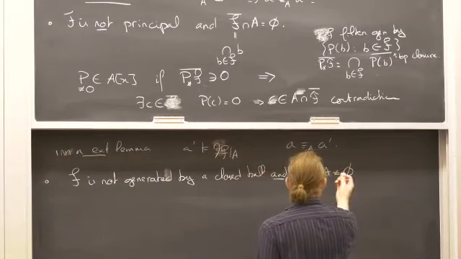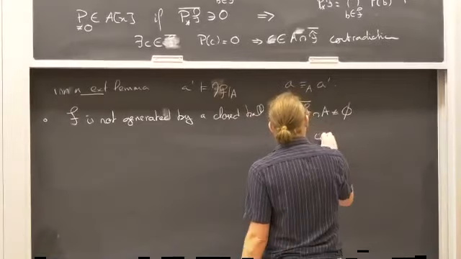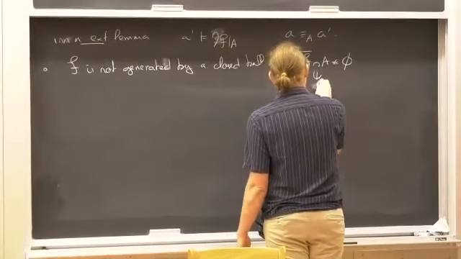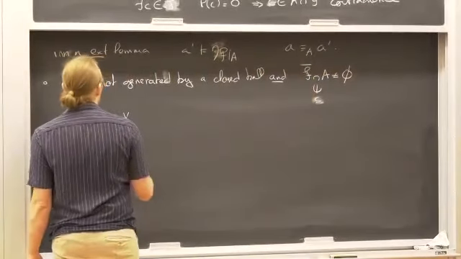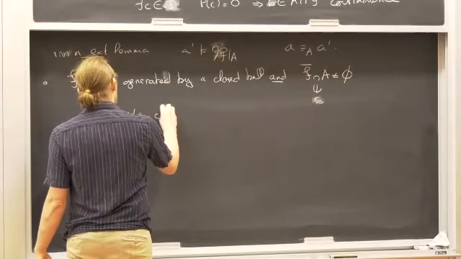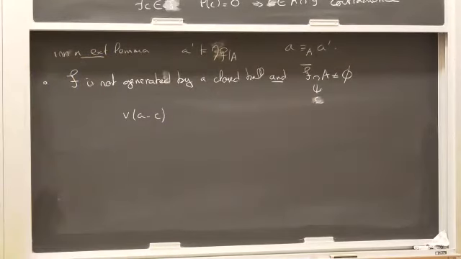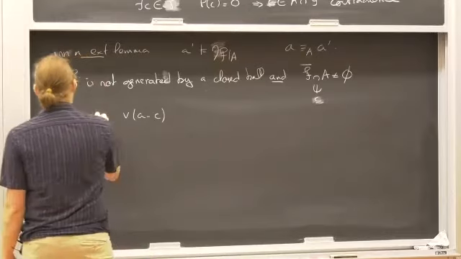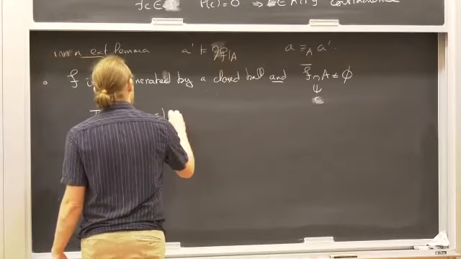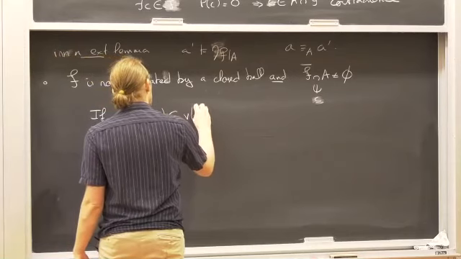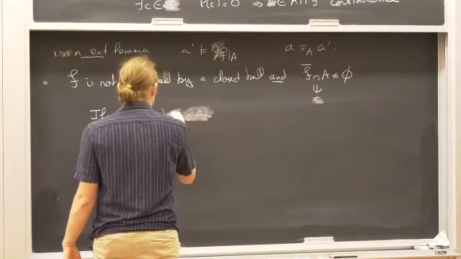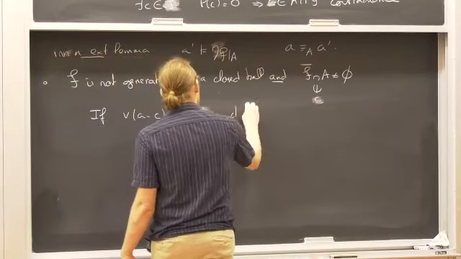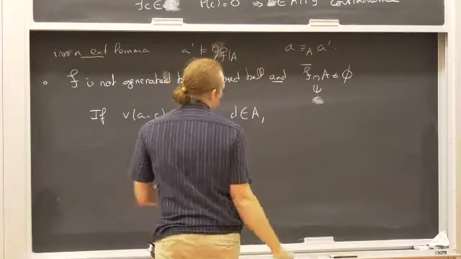So let's call C this element. Okay, and I want to look at V of A minus C. So if V of A minus C is in V of A, so is equal to some V of D with D in A, we want a contradiction.